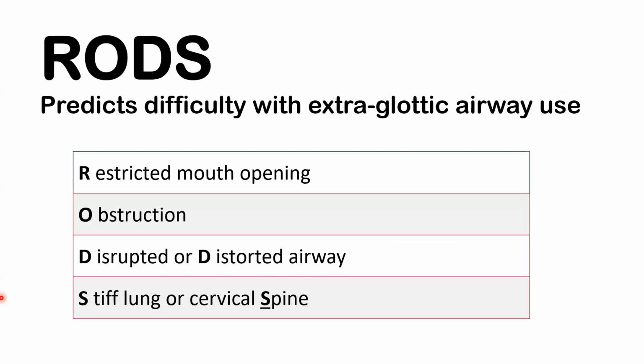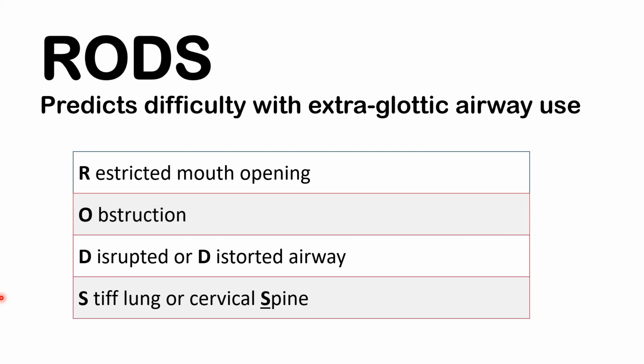Then in order to use your extraglottic airway, pun ada certain patient yang you predict a difficulty, guna mnemonic RODS, RODS. In patient yang ada restricted mouth opening, patient yang ada some kind of jaw surgery ke apa, tak boleh langsung sebab tak ada yang push in.